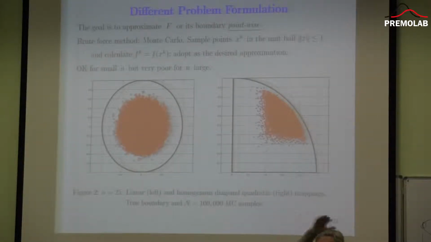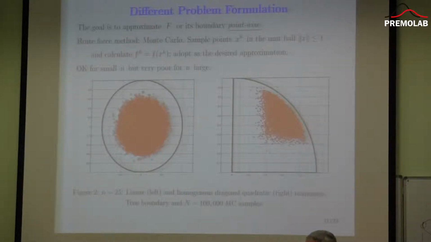Points are uniform in this ball, and you see their images are a very bad approximation for the true image, which is a circle in this case.